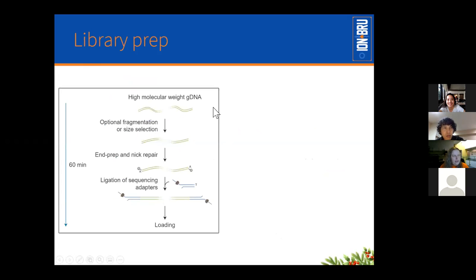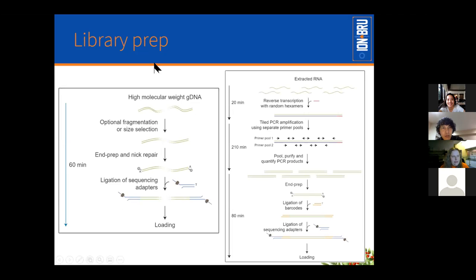So this is kind of the typical library prep. You're taking high molecular weight DNA. You might want to fragment it, you might want to not. You do an end repair and then ligate on the sequencing adapters, and these sequencing adapters have the motor proteins on them, and then the tether sticks to this other end here. So the difference between that and what we're doing today is there's a little bit before it.